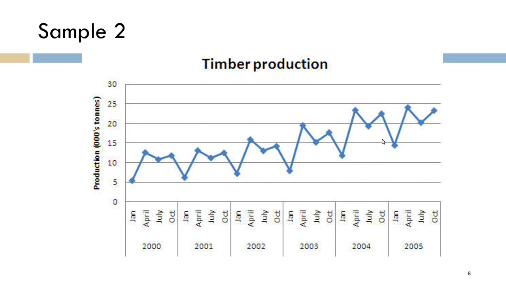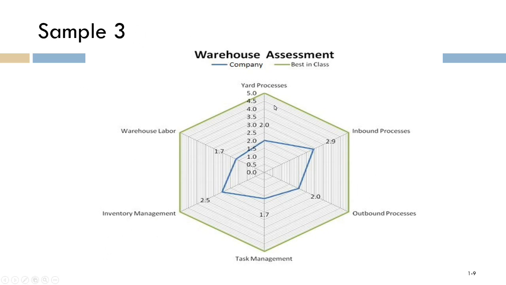Here's the third chart, the warehouse assessment spider diagram. Again, what's it telling us? The best-in-class measurement for each of these 6 different metrics is out here in the green. It's also telling me where my company is today, measured against each of these 6 metrics. Here are some questions. What does it mean?